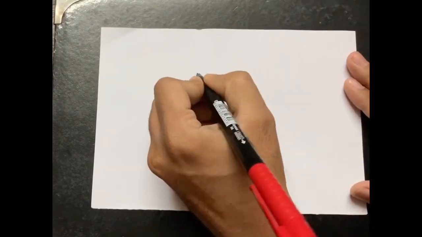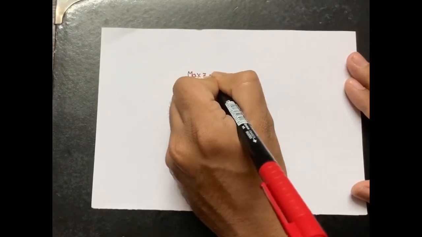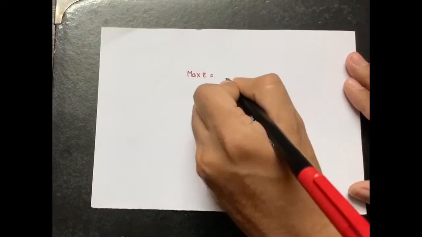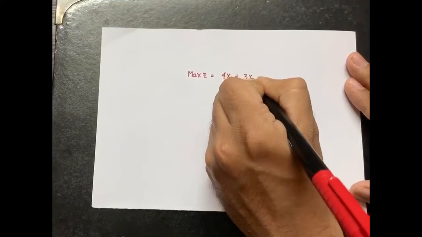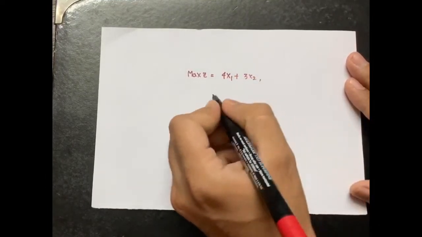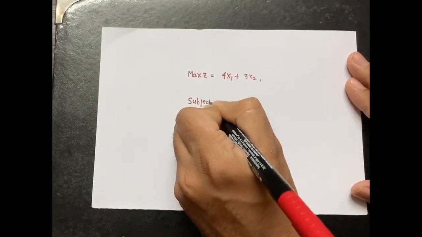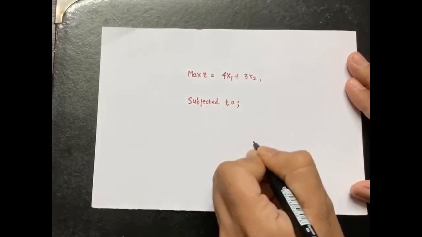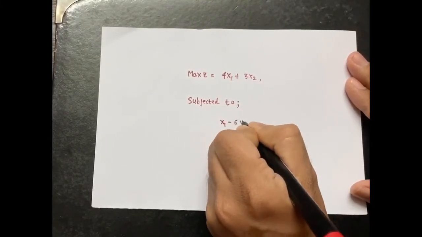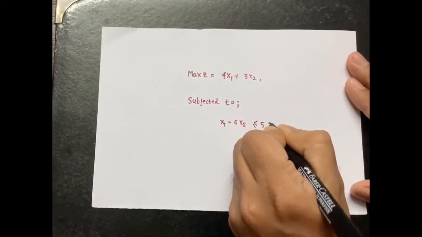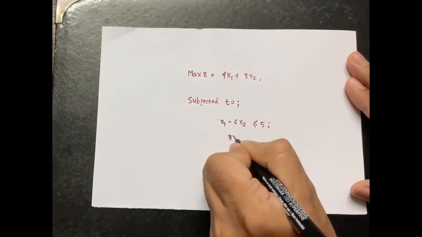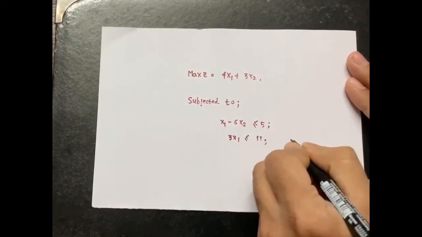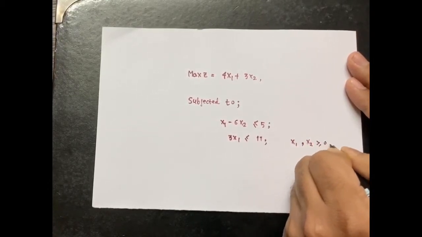Moving forward with the special cases of the simplex method, the next numerical that we have is given to us with the objective function max z = 4x1 + 3x2, subject to x1 minus 6x2 is less than or equal to 5 and 3x1 is less than or equal to 11, given that x1 and x2 are greater than or equal to 0.